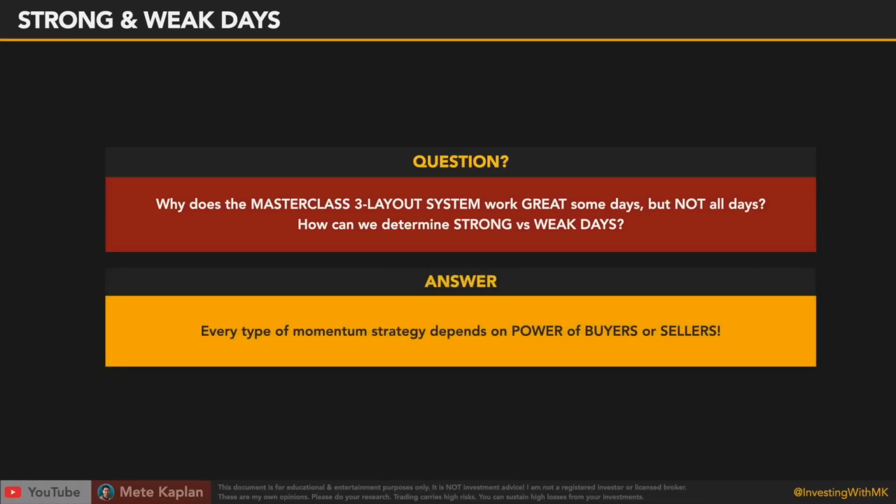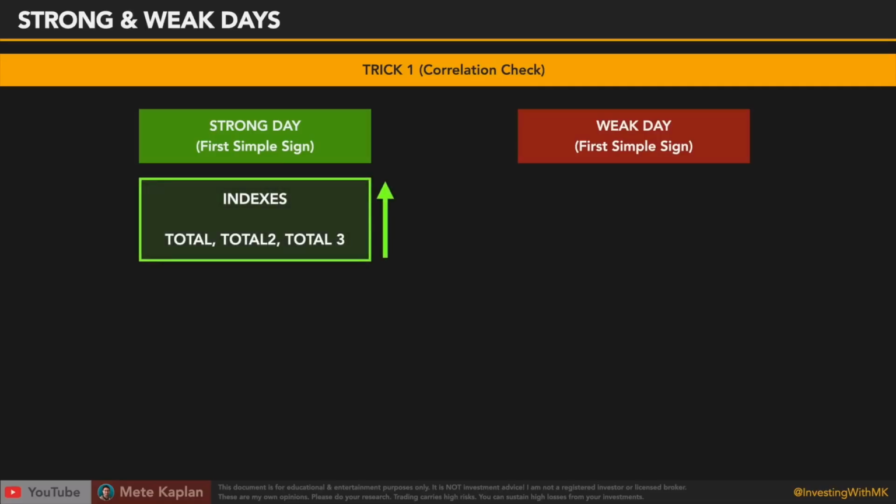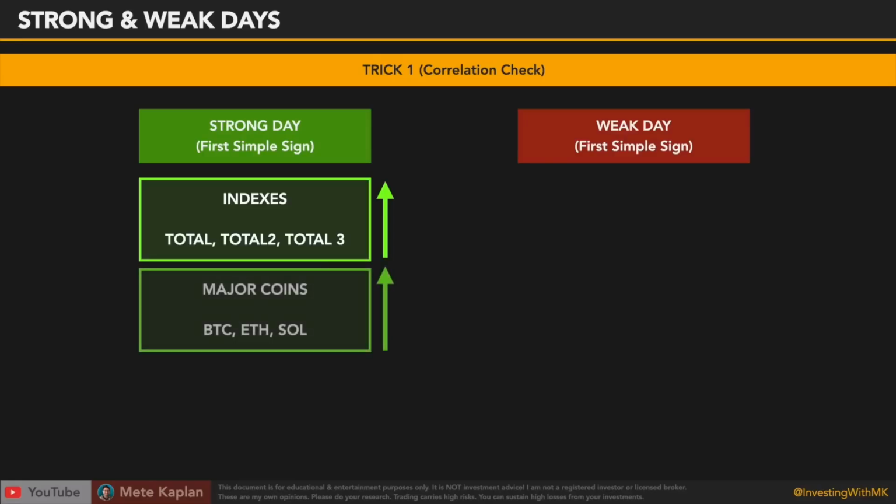Remember, if you are a momentum or trend trader, you will need power to trade, a strong power to get the trade running. So, our first trick is a quick correlation check. It is an extremely simple idea. You already remember the totals from the masterclass. On a strong day, I want the totals to be on the positive side as much as they can.